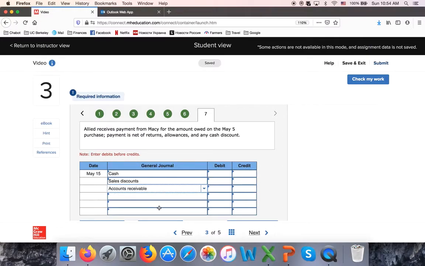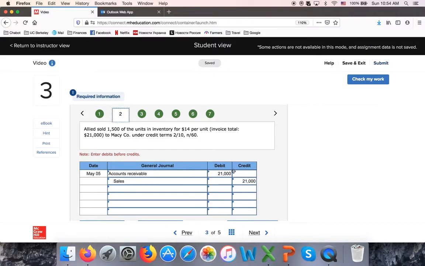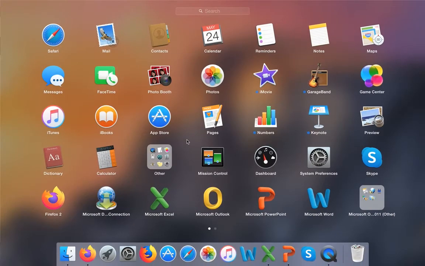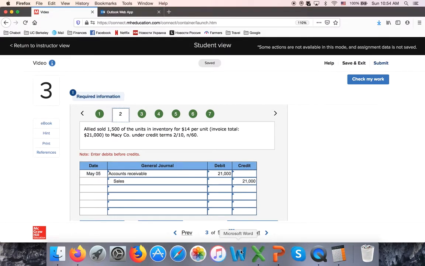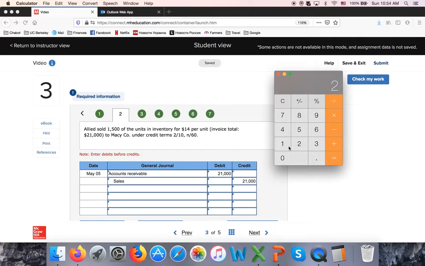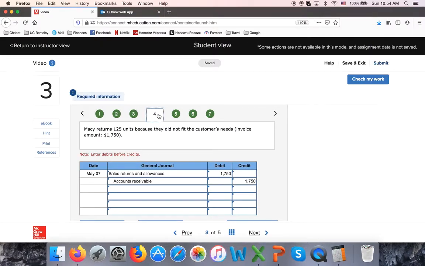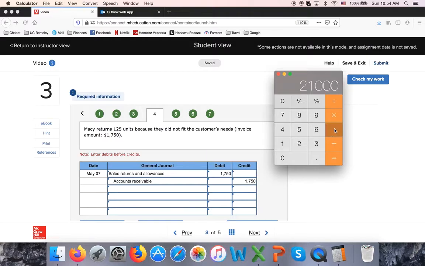But the question here is, how much accounts receivable is that? Originally, it was $21,000. But then the customer made a return, so let me show you a calculator. Accounts receivable originally was $21,000, but then the customer made a return of 1750, so I have to subtract it, credit 1750.